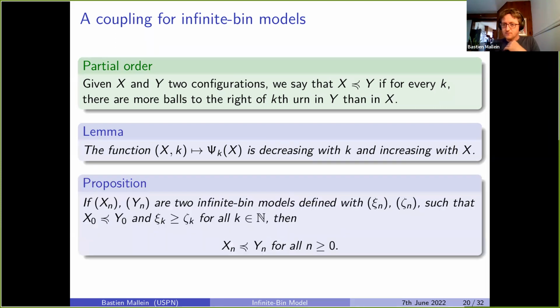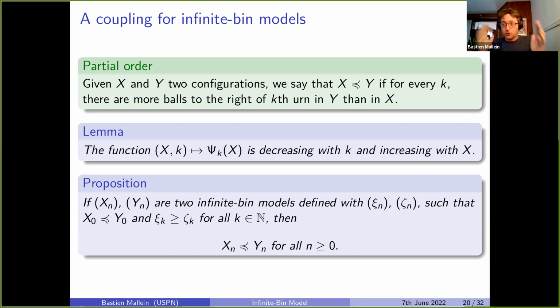Okay. And so using these properties, you can now couple your infinite bin models so that if the configuration x_0 is smaller than the configuration y_0, and if the reproduction law zeta of the process y is stochastically dominated by the one of the process x, then you have a monotone ordering of your system.